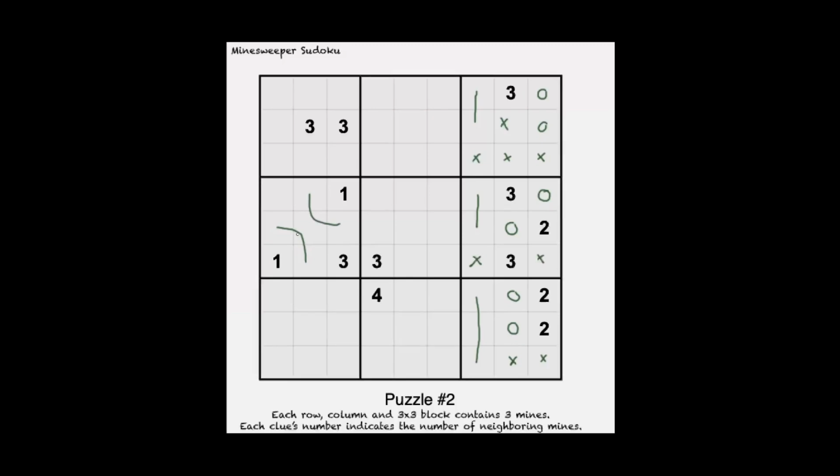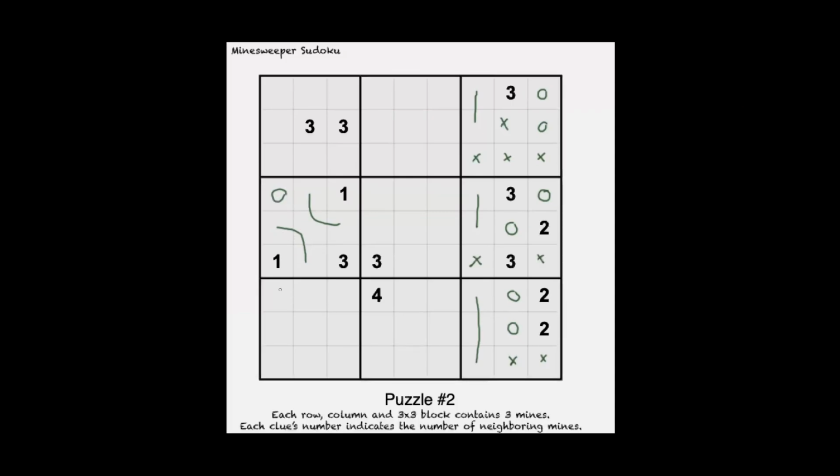Now, if these 3 cells didn't have a mine, then we'd have a single mine here and a mine there, and we'd only have room for 2 mines. So a mine must go in there, and a mine must go in there. That's 2 mines, and that means that this cell here must be the 3rd mine.